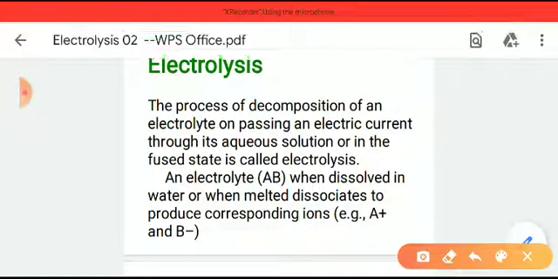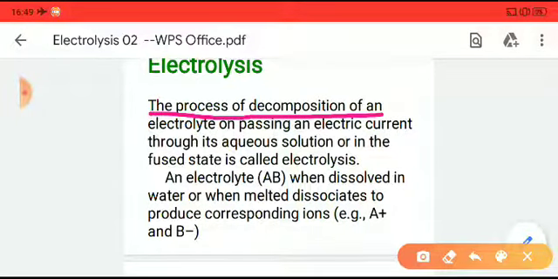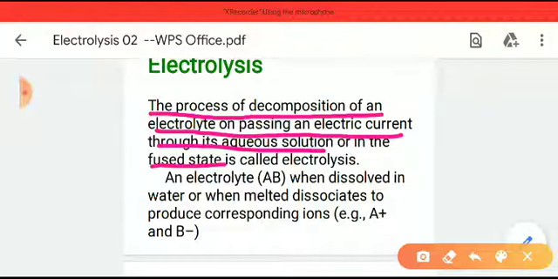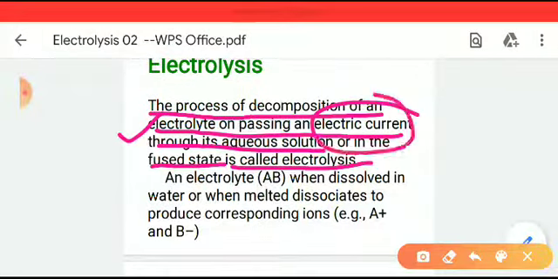As you know, electrolysis is the process of decomposition of an electrolyte on passing an electric current through its aqueous solution or in its fused or molten state. So electrolysis is a process: the decomposition of an electrolyte on passing an electric current through its aqueous solution or molten state.